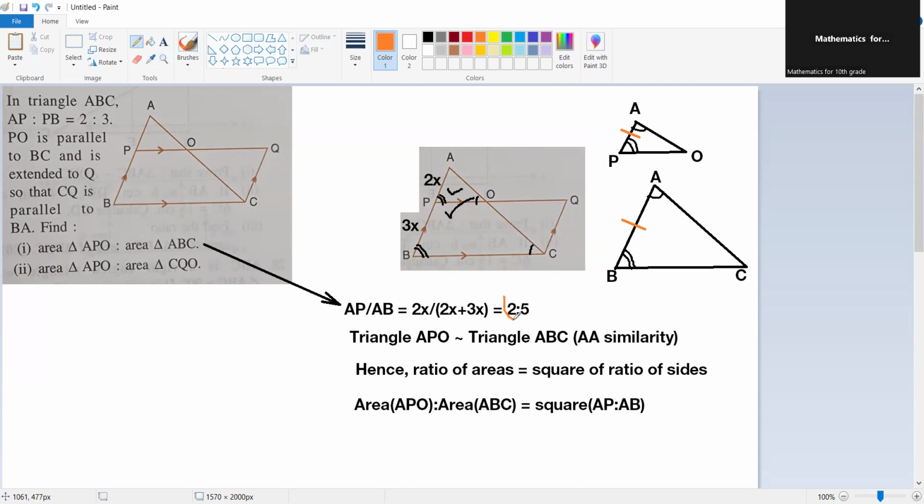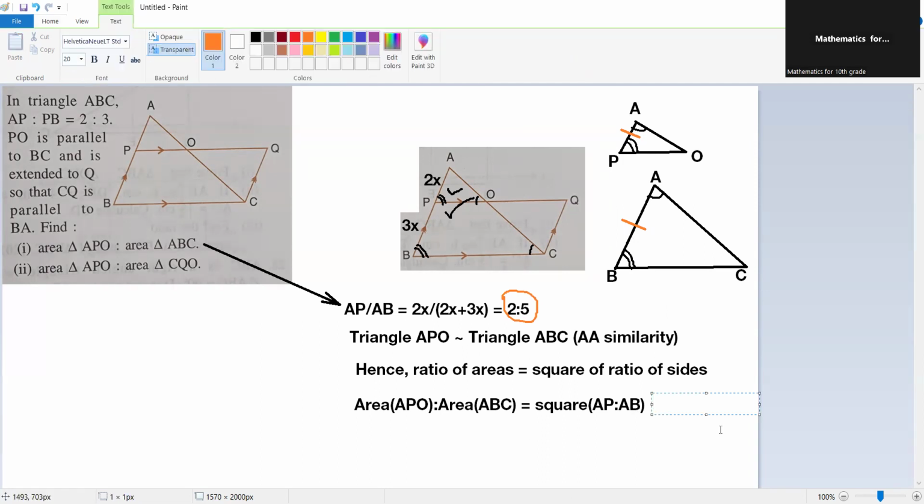So AP is to AB is 2:5. The square of this ratio would be the ratio of these two areas. So would be equal to the square of 2 is 4 and the square of 5 is 25. 4:25. So this is the first answer.